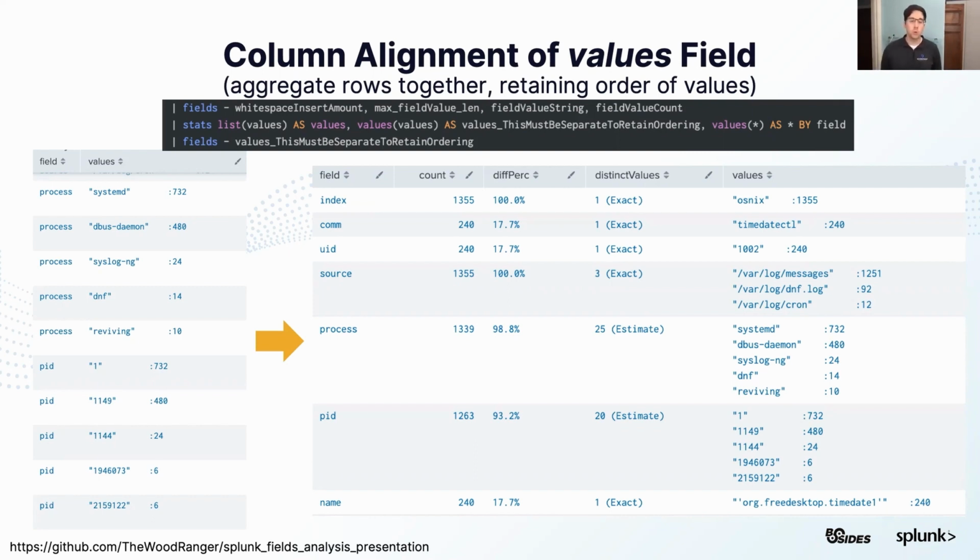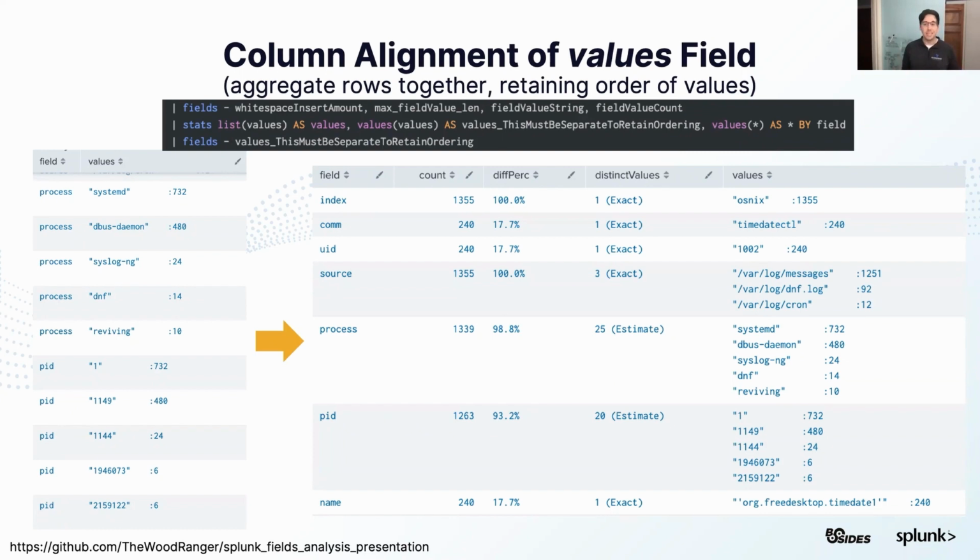Since we're also using a wildcard stats values call to handle all of the other fields for ease of merging, it's necessary that we separately make an explicit stats values function call on our values field. I told you this terminology is confusing. You see this here notated as values. This must be separate to retain ordering.